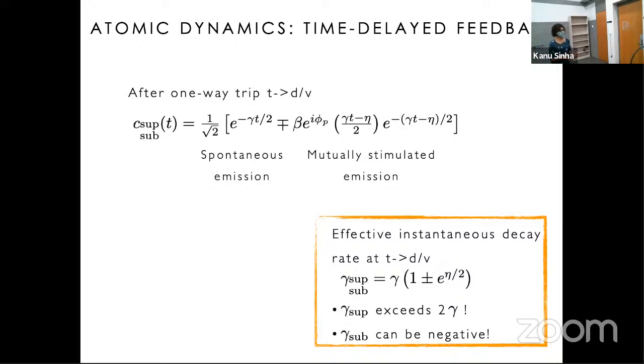On the other hand, it is really hard to know precisely the phase of the field when it propagates from one atom to the other, especially for such long distances that we are considering. Sure. Okay, great. Thank you.